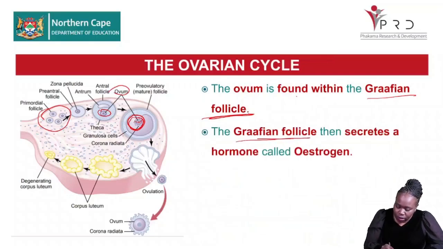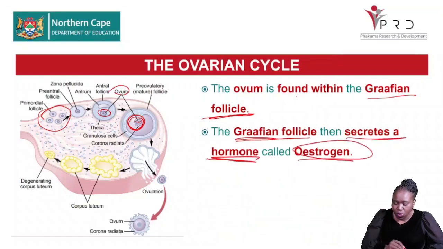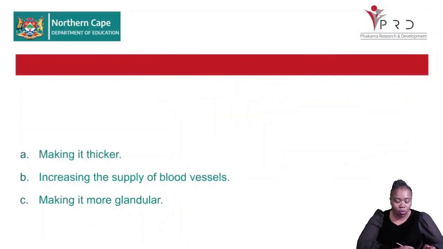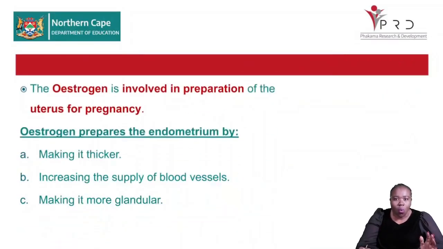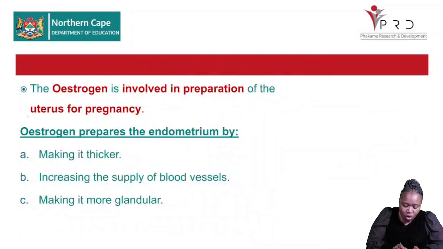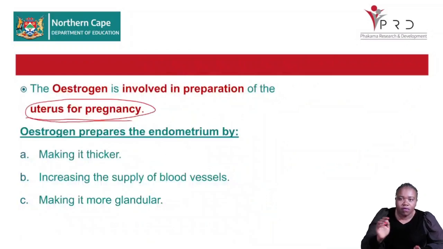Now, this Graafian follicle also plays a role in the whole cycle. It secretes the hormone estrogen, which we spoke about previously as well. So it's going to secrete the hormone estrogen. Now, what is this estrogen important for? Why is the estrogen being released now? Estrogen is involved in the preparation of the uterus for pregnancy.